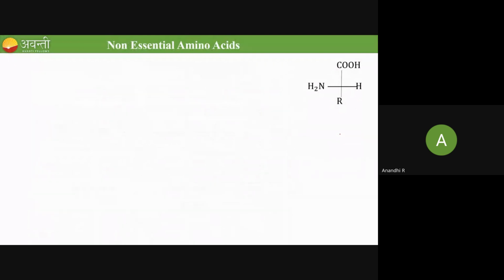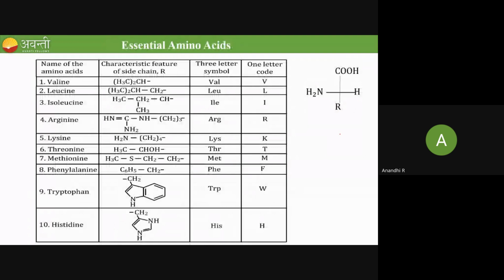I'll show you the essential amino acid slide. So: valine, leucine, isoleucine, arginine, lysine, threonine, methionine, phenylalanine, tryptophan, and histidine. All these 10 are essential amino acids which cannot be synthesized by our body, and can be supplied only through your food diets. Okay.